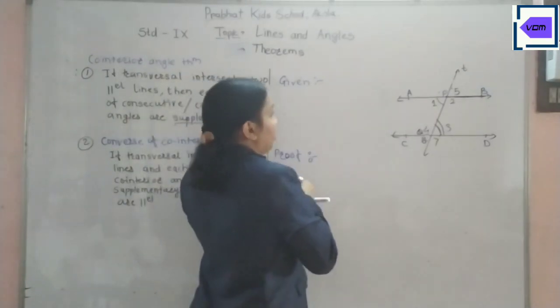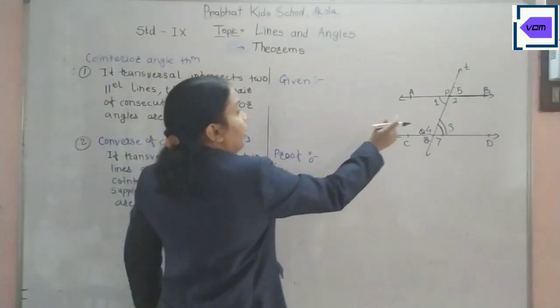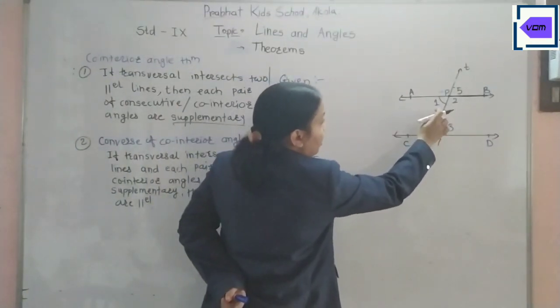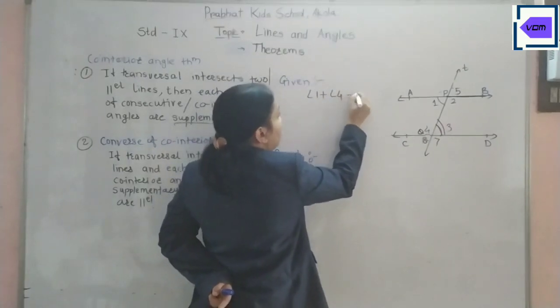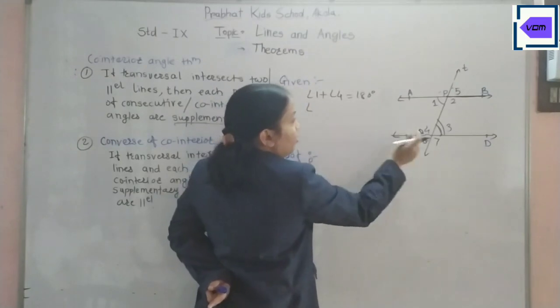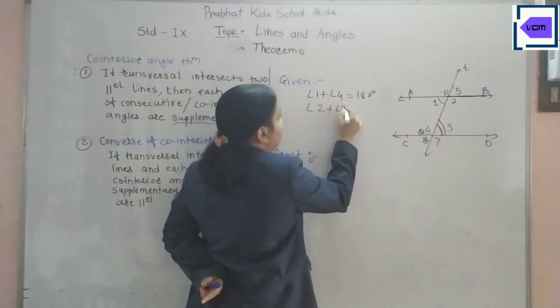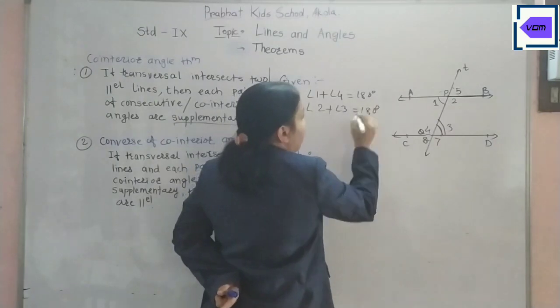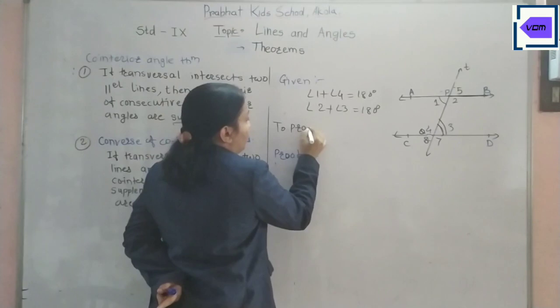So what is given here? Given is each pair of co-interior angles, that is angle 1 plus angle 4 is equal to 180 degrees. Also angle 2 plus angle 3 is equal to 180 degrees. This is given to you. Now, what to prove?